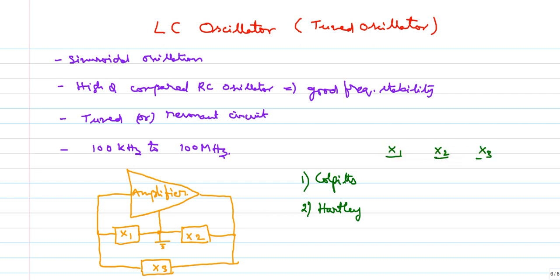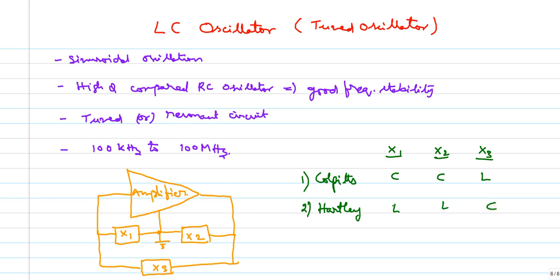Based on these elements we can define whether it is a Colpitts or Hartley oscillator. In the Colpitts oscillator, we have a capacitor here and an inductor here. In the Hartley oscillator, we have an inductor here and a capacitor here.